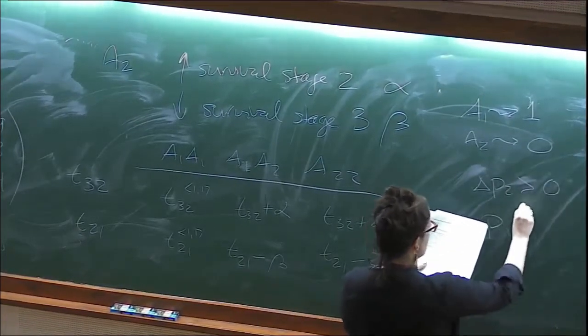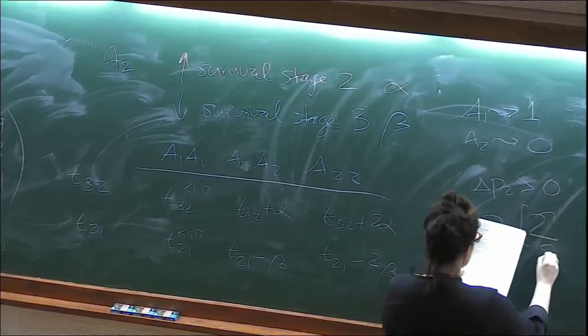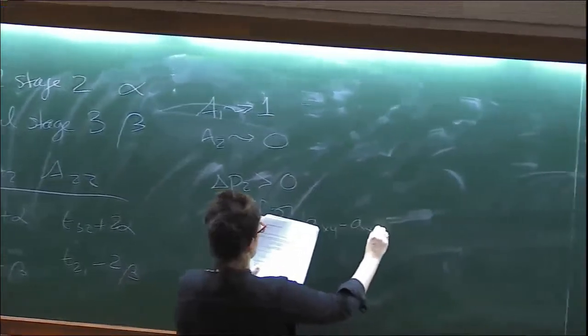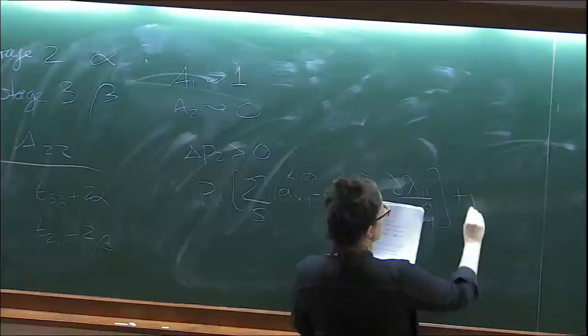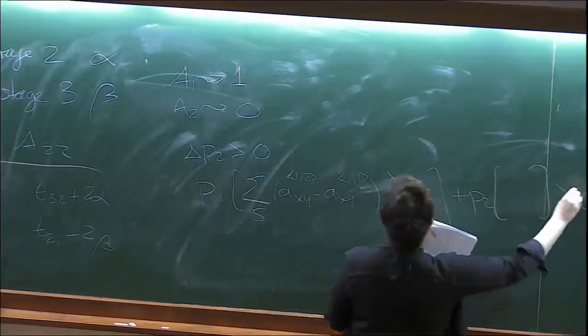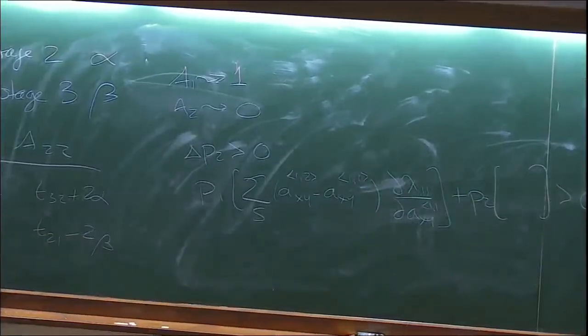So we need P1 over the set S of these, plus P2 times something. But I'm going to let P2 be approximately 0.